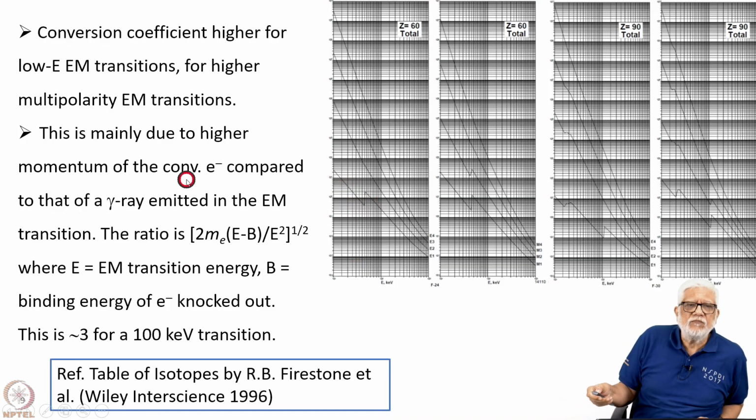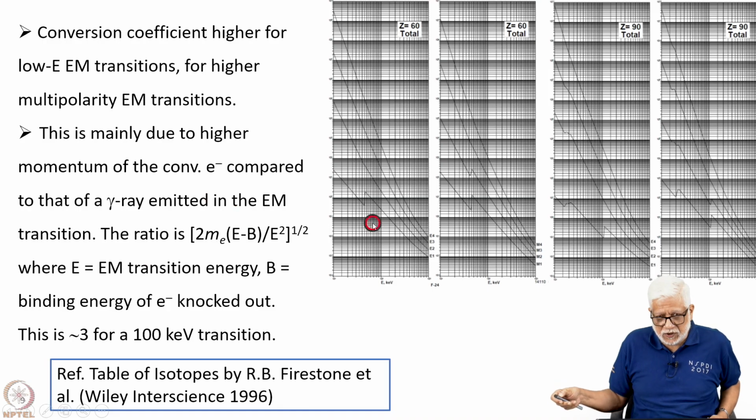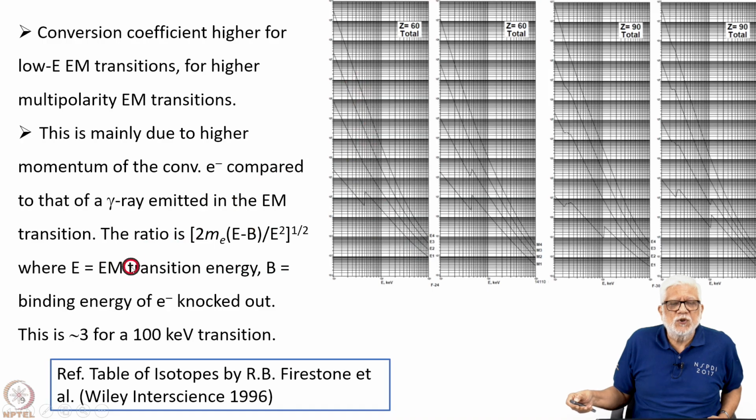So, if you remember the earlier slide, the momentum of the conversion electron is higher compared to that of the gamma ray. And so, of course, as you go to higher and higher transition energies, this overlap tends to decrease. So, the conversion coefficient becomes smaller and smaller because you have to transfer this energy in the form of a moving electron.